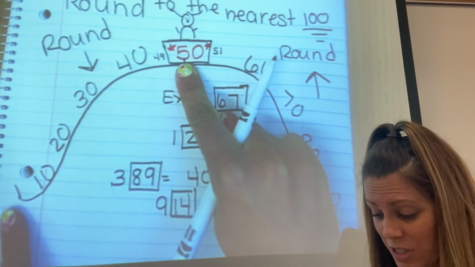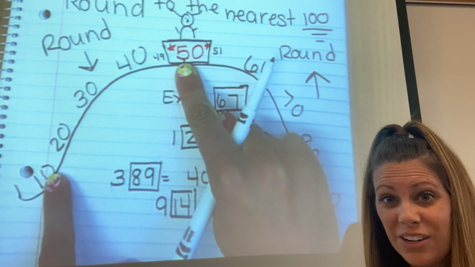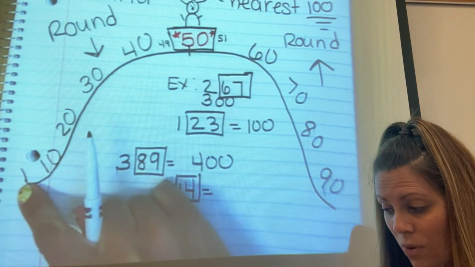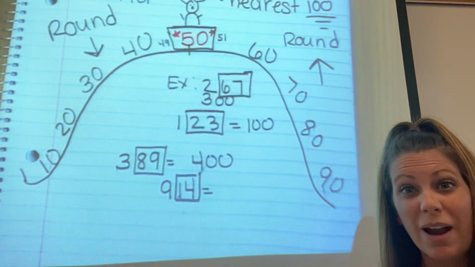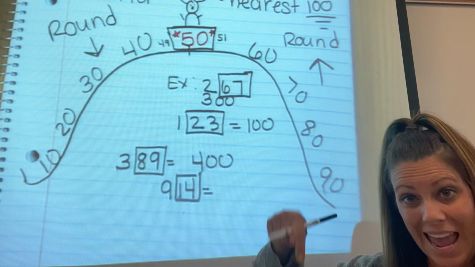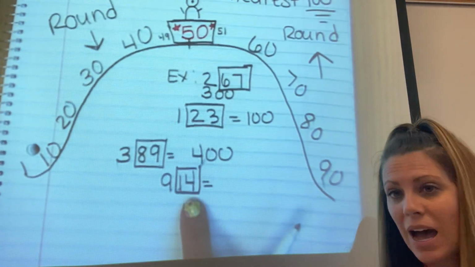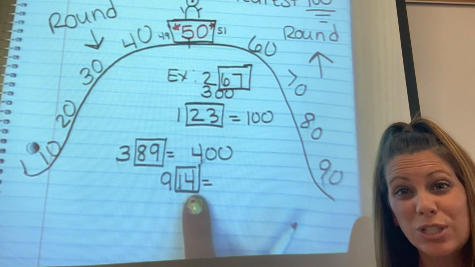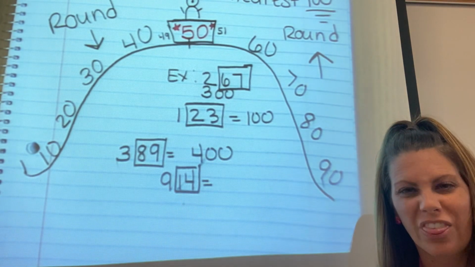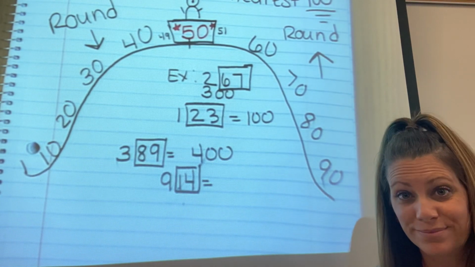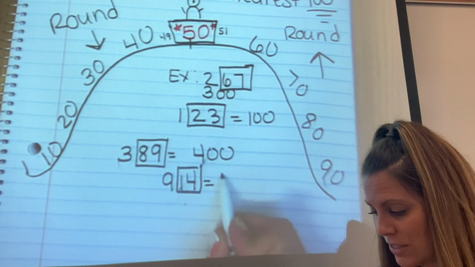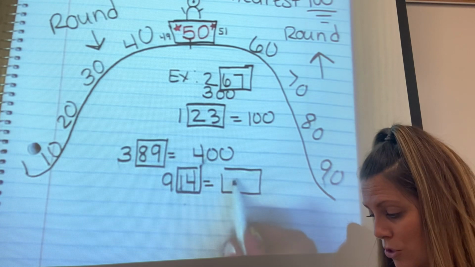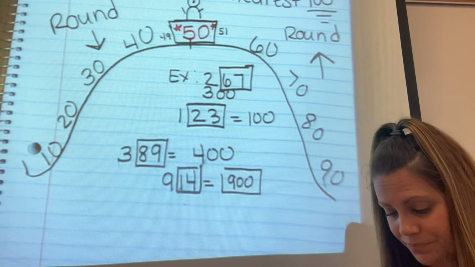No way. 14 is way down here, right? So if it's in between 1 to 49, we round what? Down, right? So 914, is it closer to 900 or 1,000? Go ahead and write your answer. And you should have rounded down to 900.